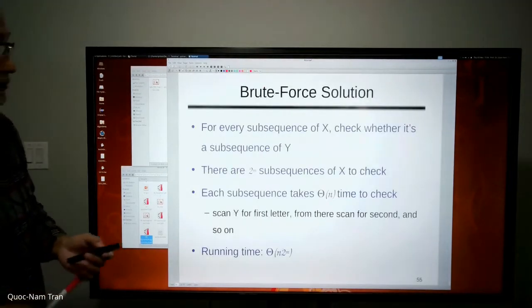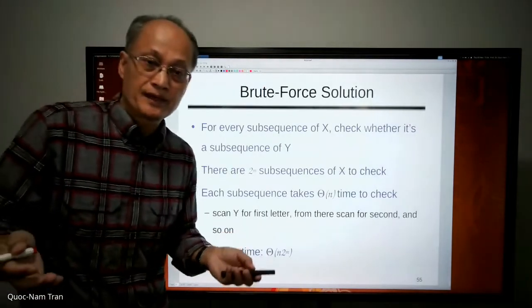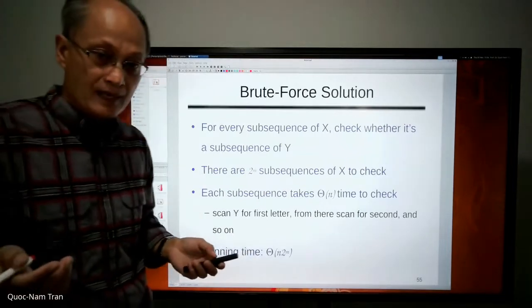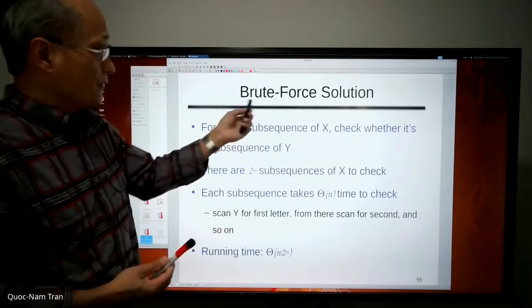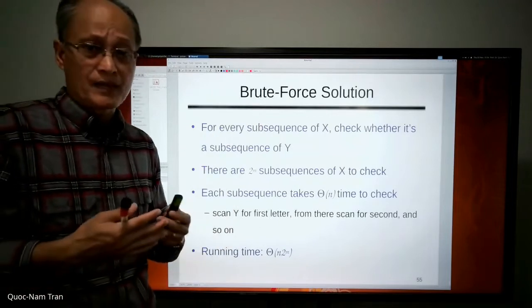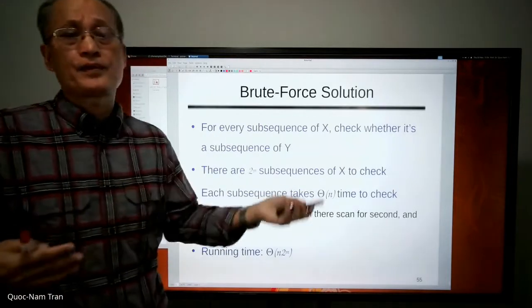All right. So again, to find the longest common subsequence, we can use brute force. Brute force, as we know, is checking every possibility.